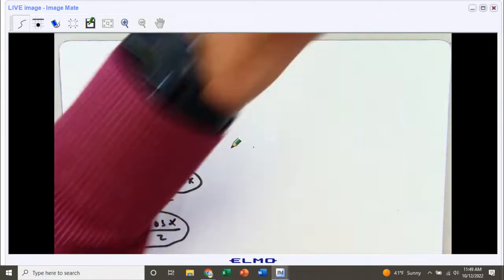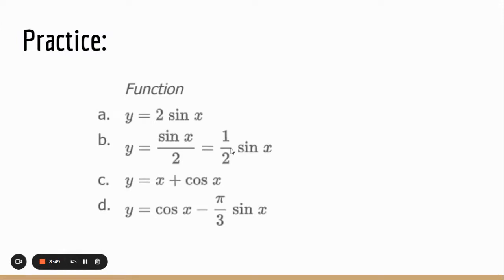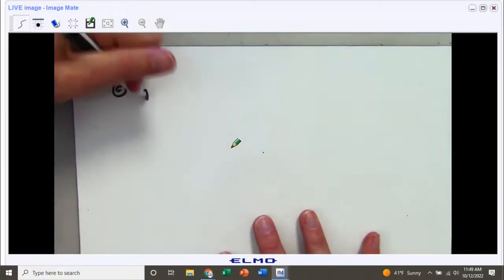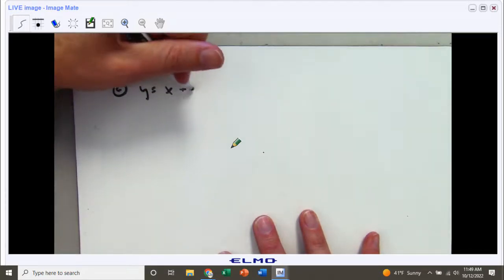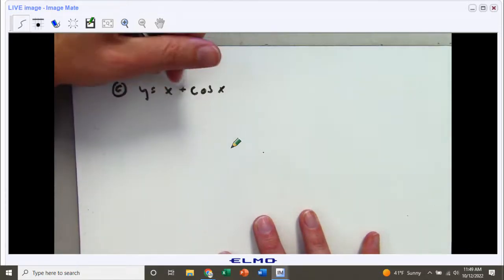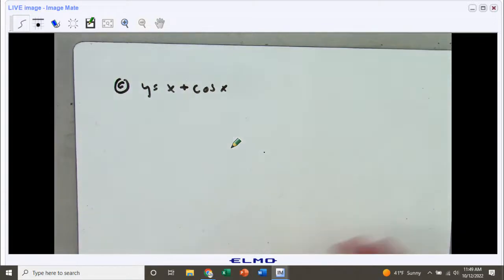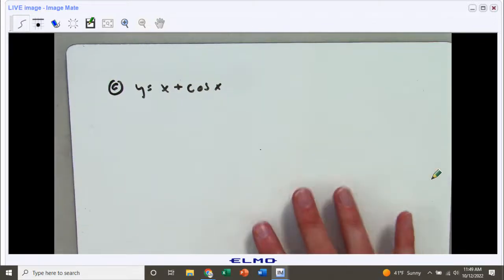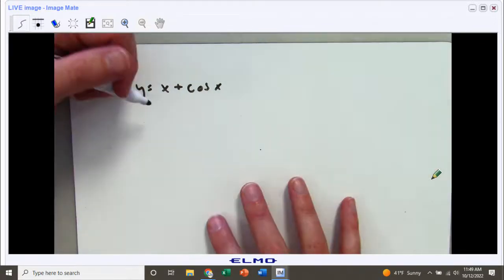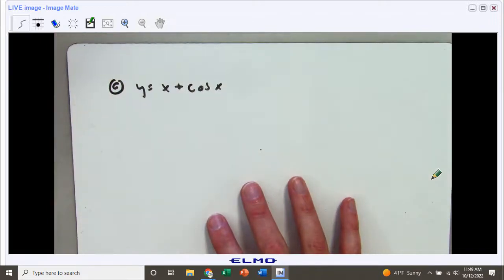All right, moving on. Next up, we have y equals x plus the cosine of x. So let's take a look at that. We have y equals x plus the cosine of x. Okay. And on any of these, by the way, if you wanted to pause the video and give them a shot on your own, you can. But what we really have here is kind of the sum and difference rules.